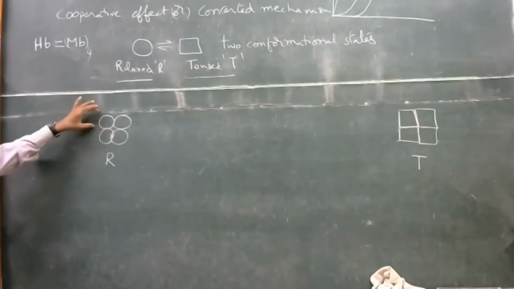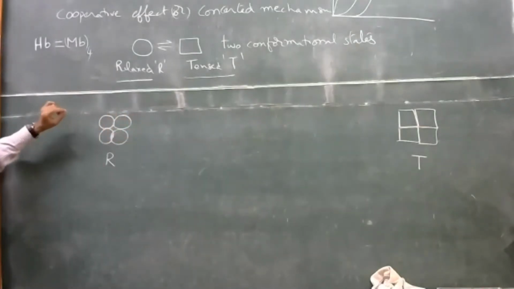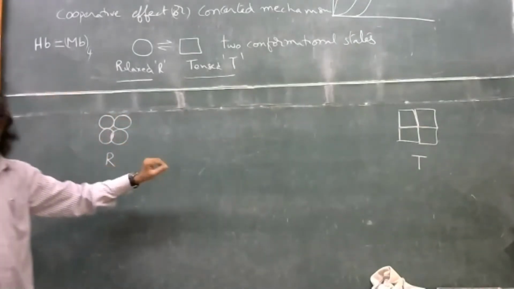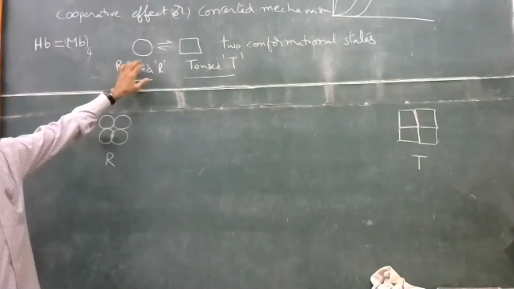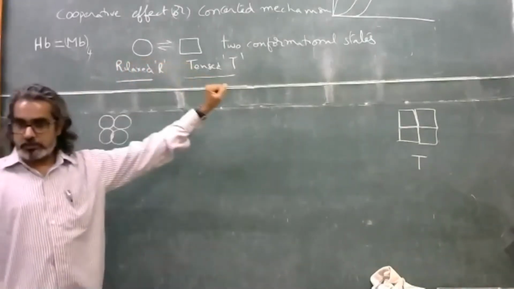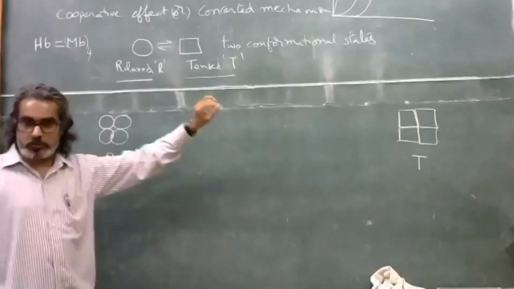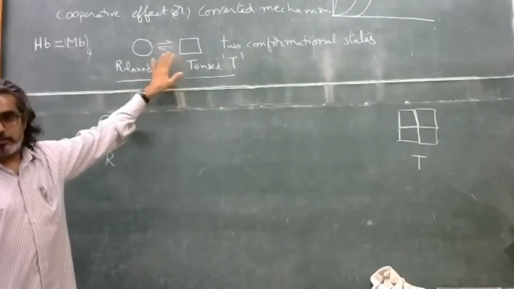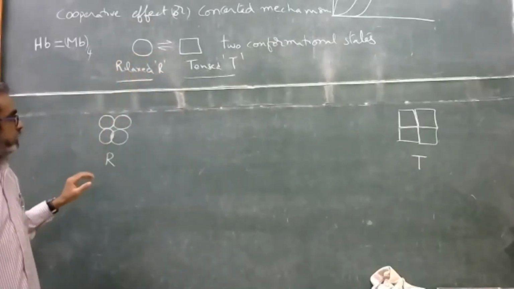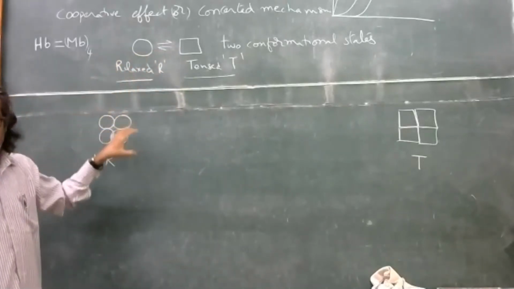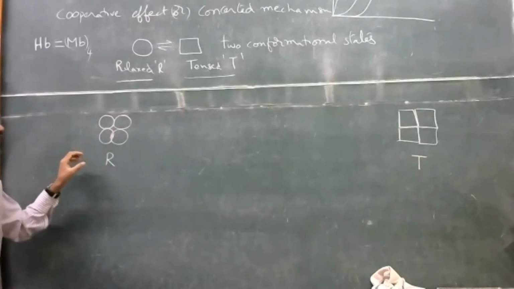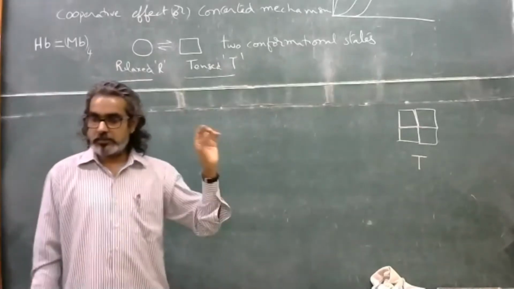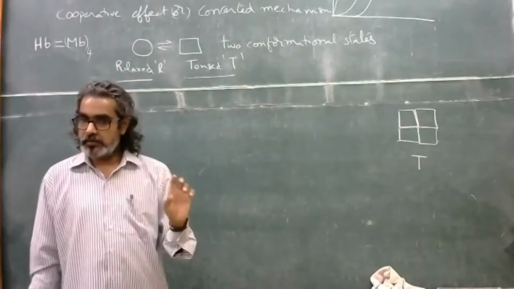So each circle or square represents 1 myoglobin unit in hemoglobin, and each unit can be in 2 conformational states. Okay, this is the simplest model to explain. So you just label one as tensed and another as relaxed, and all these 4 units can exist in either relaxed or tensed.